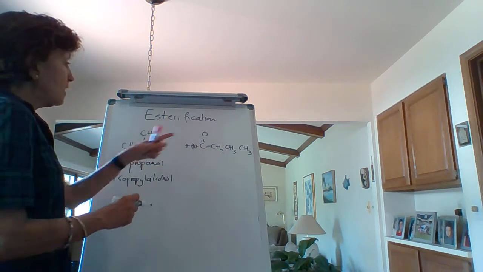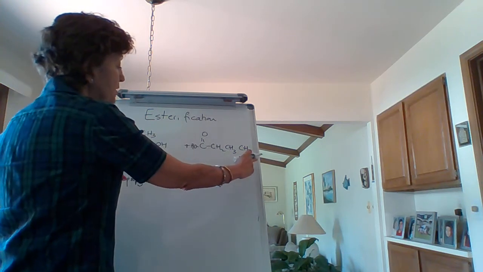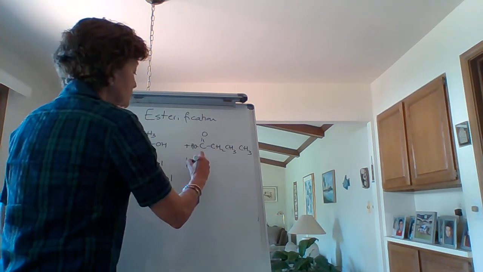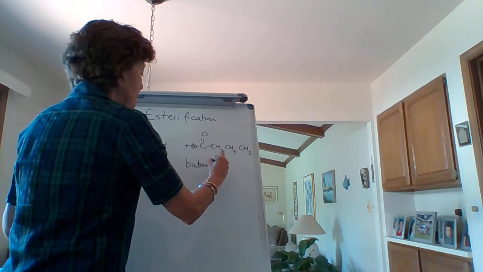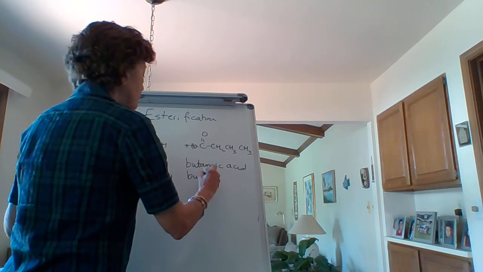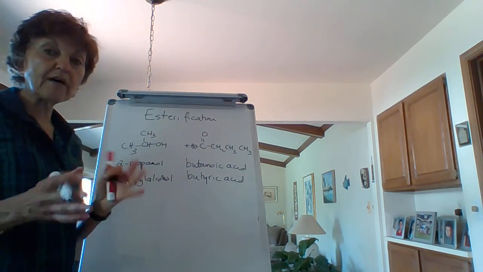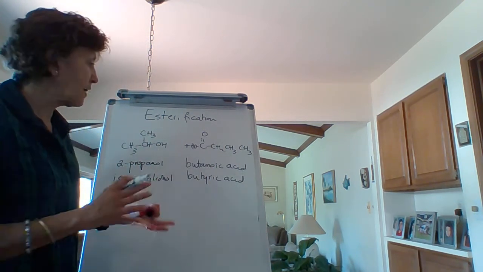Okay. You recognize that this is a carboxylic acid. 4 carbons. IUPAC is butanoic acid. Common, butyric acid. Okay, so you're going to have to flip-flop between common and IUPAC and know how to do this.